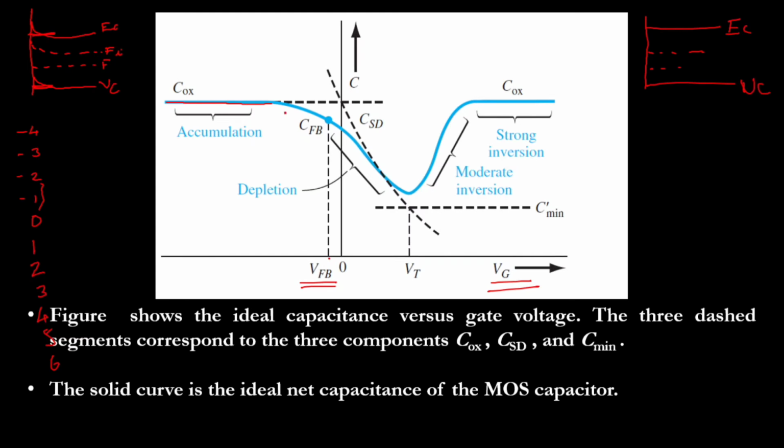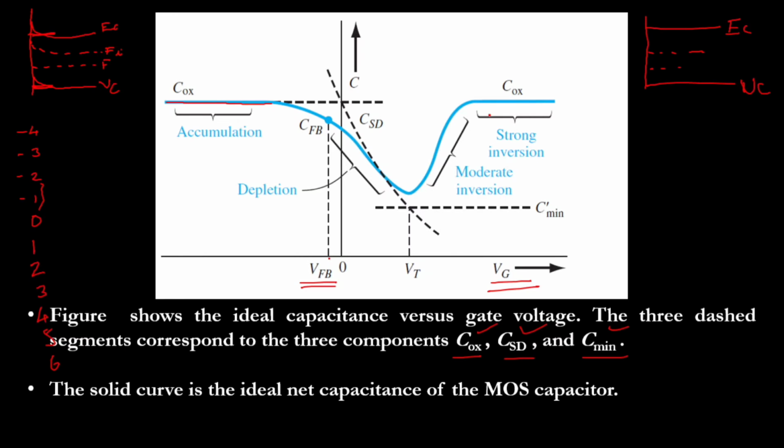So this will be the capacitance and voltage diagram of the MOS capacitor, and this dotted line basically gives COX, CSD and C minimum. We know what exactly COX, CSD and C minimum are. And this blue line basically gives the net capacitance. So the capacitor profile looks like this.